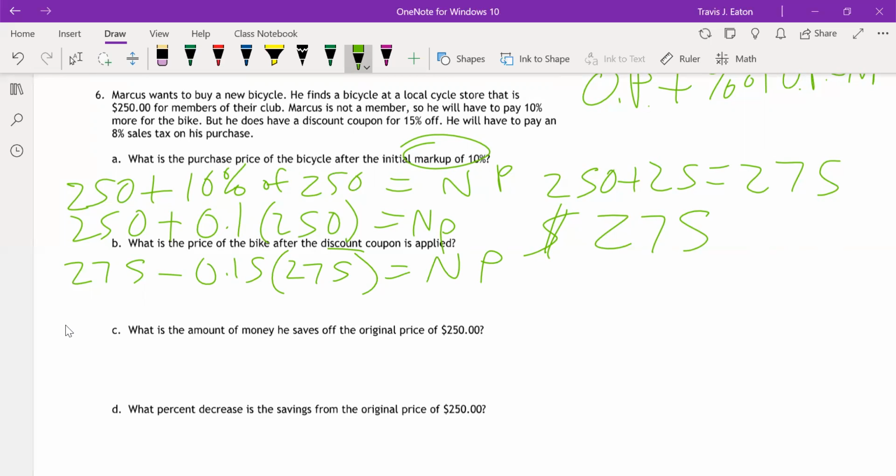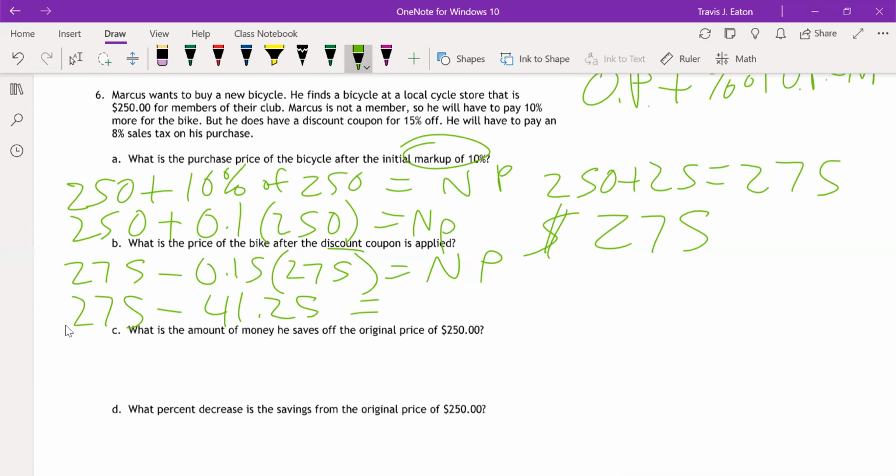So let's see here. 15% of 275. All right. So this will be 275 minus $41.25, because that is 15% of 275.